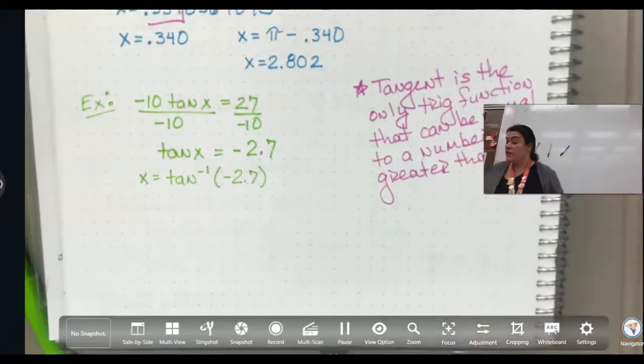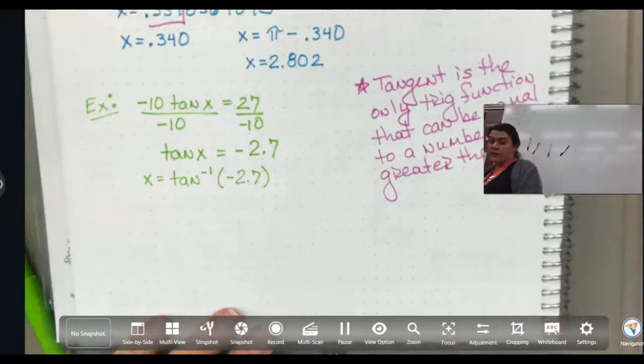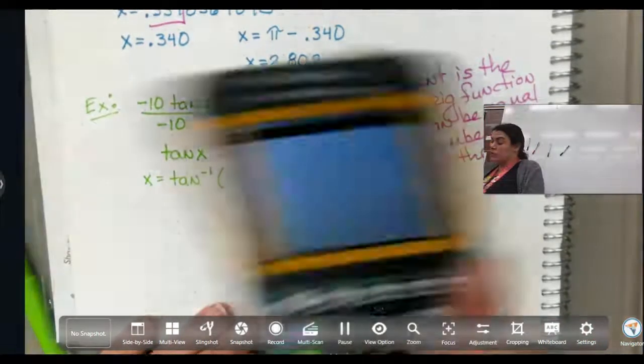When you're talking about sine and cosine, if you tried to put in inverse sine or inverse cosine of something that is bigger than 1, you're going to get an error message. But it actually works for tangent.